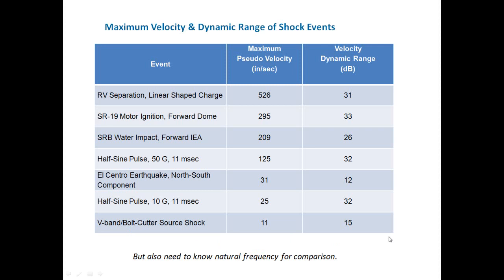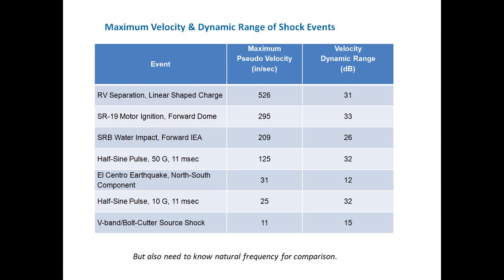Okay, let's summarize what we've taken a look at here, and I'm actually going to add one. So these are the maximum velocities and dynamic ranges of shock events. Now, when I say dynamic range, let me just review. We take the peak velocity, the maximum velocity along the SRS, and then we also take the minimum SRS velocity.